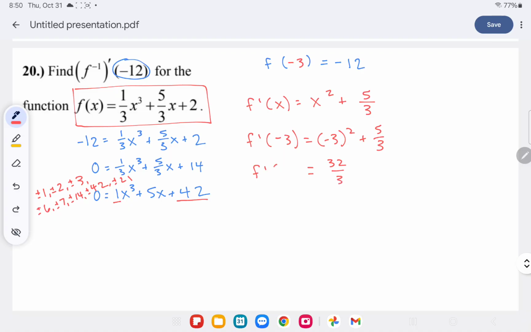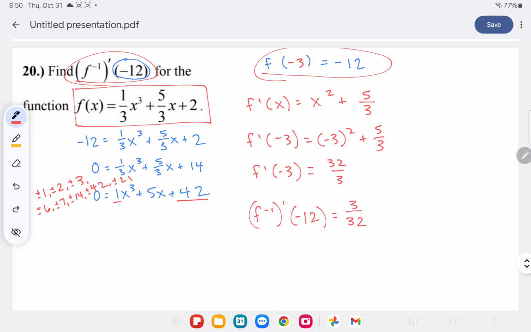So that's the derivative of f at negative 3. Which means, because this point corresponds to this point, the derivative of the inverse of f at negative 12 is the reciprocal of that. 3/32 would be our answer.